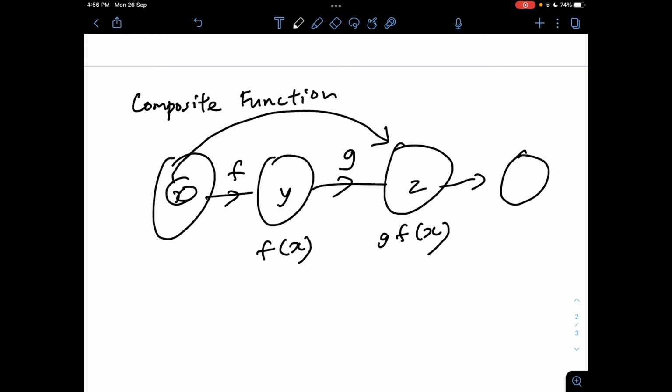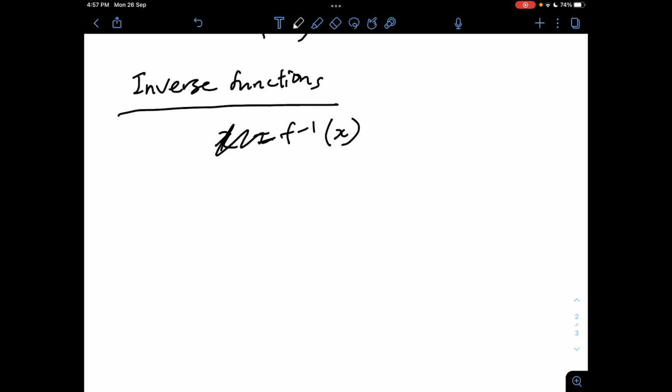Okay, and then let's take a look at inverse functions. Inverse functions. So I give you a good example. So this one is our f inverse x. This is an inverse function. Okay, so now we have f(x) equals to maybe 3x plus 5, for example. So this is our y.